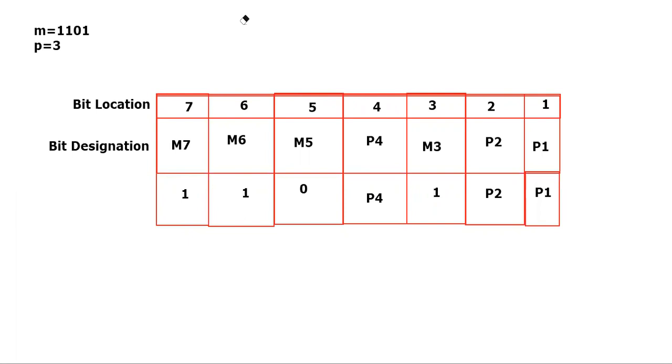So 1 is represented as 001 in binary and 2 is represented as 010. 3 is represented as 011. 4 is represented as 100. 5 is represented as 101. 6 is represented as 110 and 7 is represented as 111. So I have converted the bit locations into binary numbers here.